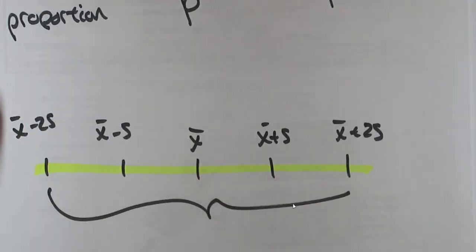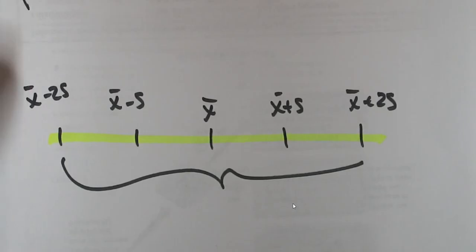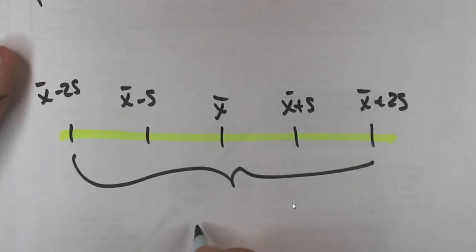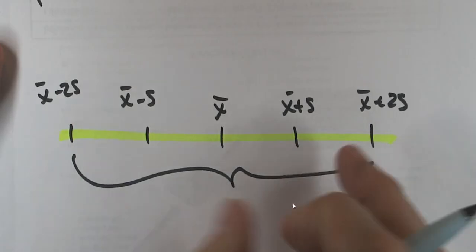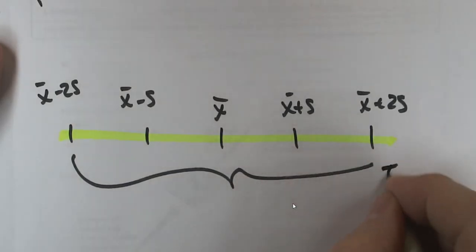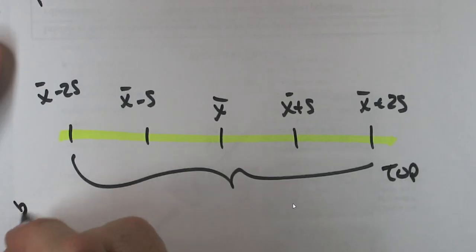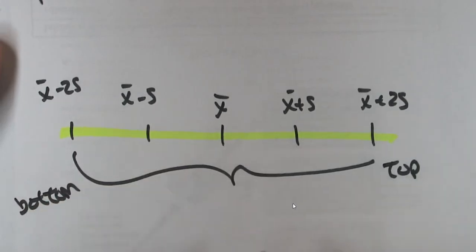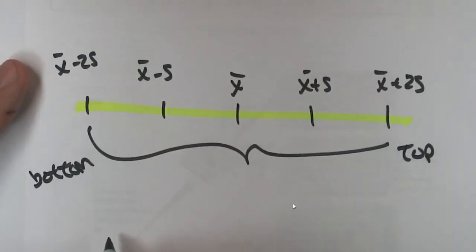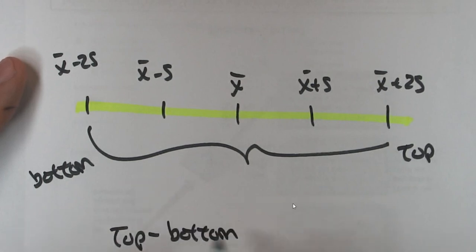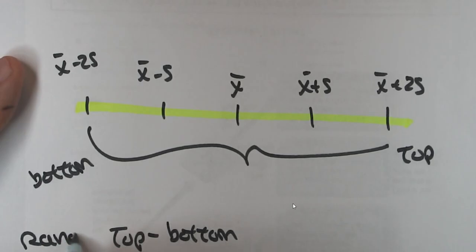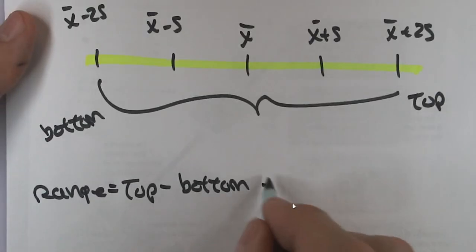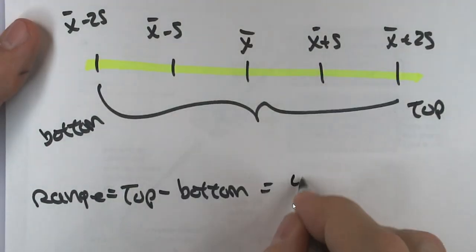So that total distance there is about 4 standard deviations. So now, if this is the top of my data, and this is the bottom of the data, does anyone remember what we called the top minus the bottom? Yeah, that's the range.